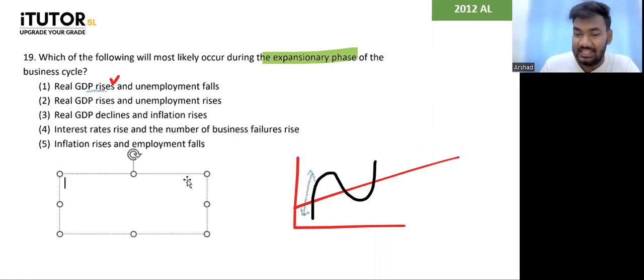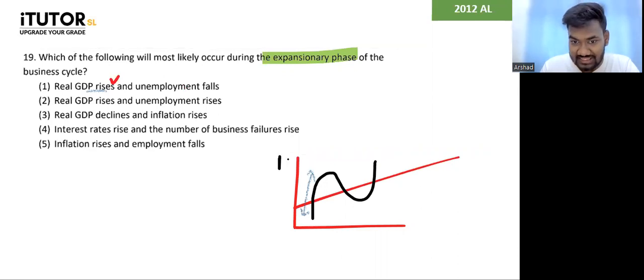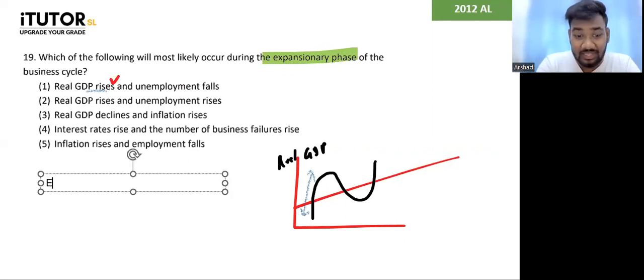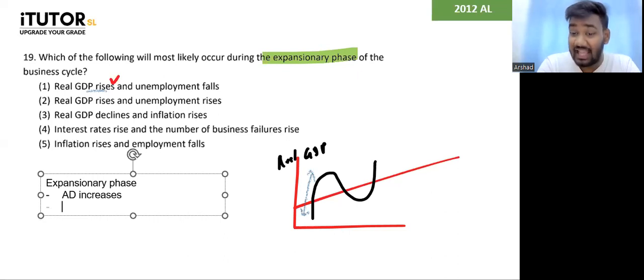Yes, real GDP is, remember guys, this axis here is real GDP, right? So your output is a real GDP. It's increasing. Okay. I'll just write down the characteristics over here. So can you tell me, guys, during the expansionary phase, what and what happens? The aggregate demand increases. That's one. Given that the aggregate demand increases, what happens?